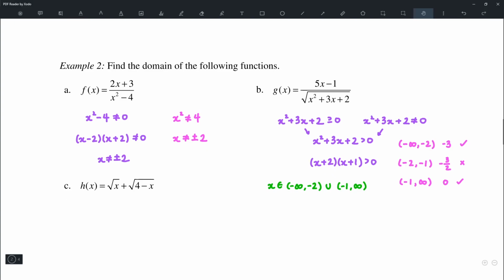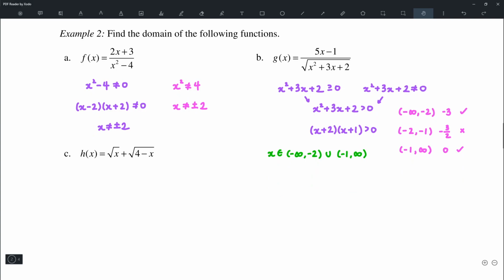Okay, let's look at example C. So here we have two square roots. The first square root tells us that x must be greater than or equal to 0. The second square root tells us that 4 minus x must be greater than or equal to 0. Now, if we were to move x to the right-hand side, we have 4 is greater than or equal to x, or just x is less than or equal to 4.